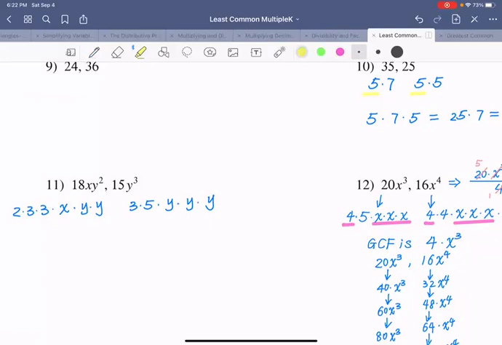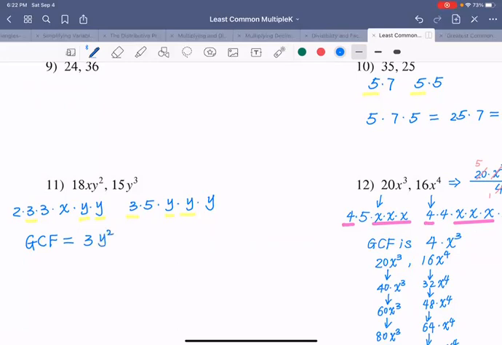3. y. Correct? So far, so good. GCF is 3 times y squared.